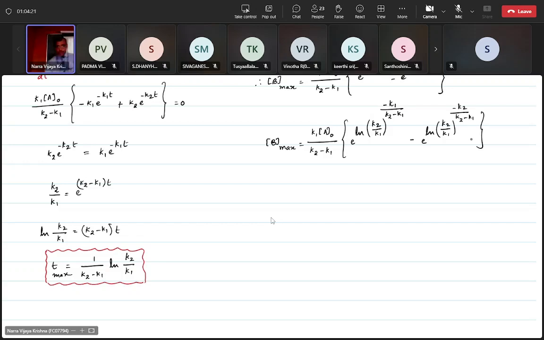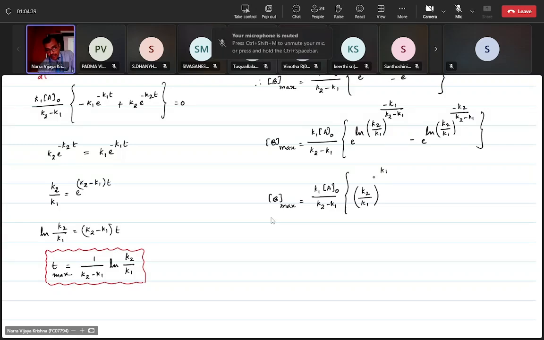X. So B max equal to K1 A naught upon (K2 minus K1) into (K2 upon K1) can write as K1 upon (K1 minus K2), negative term, minus K2 upon K1, K2 upon (K1 minus K2). Is there anything wrong?